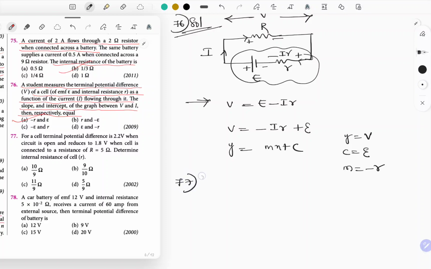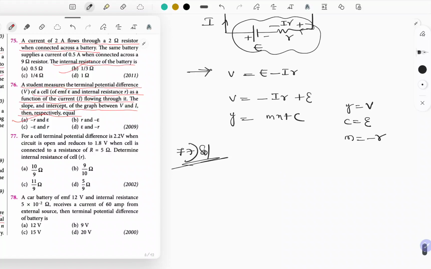Number 77. For a cell, terminal potential difference is 2.2 volt when the circuit is open. Okay, super. When circuit is open, in the sense there is no current flowing through it, I is equal to 0. So if I is equal to 0, they give terminal potential as 2.2 volt.